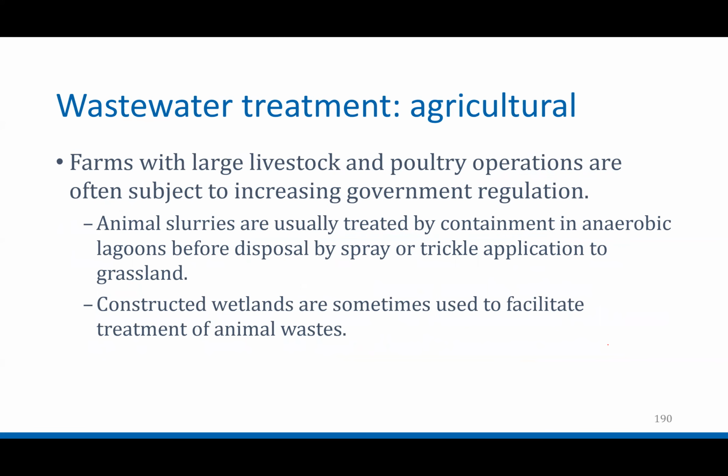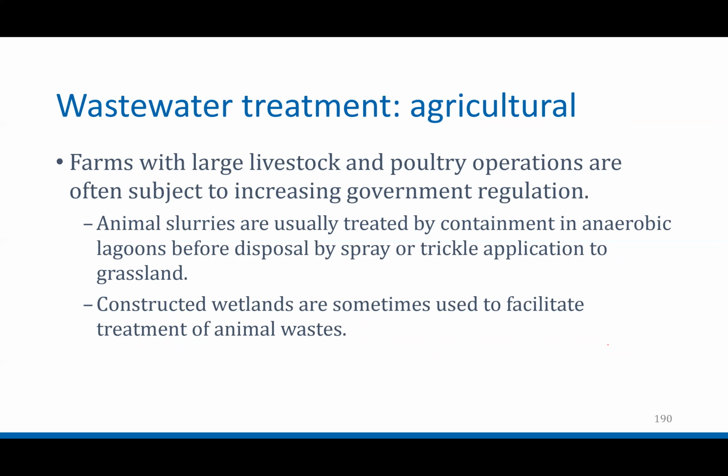Farms have a huge different type of wastewater treatment, because any farm with large amounts of livestock and poultry, so cows and chickens and things, is definitely government regulated in developed countries. A lot of their waste has to be treated. Animal slurries are usually held in anaerobic, so low-oxygen, lagoons before you dispose of them. Constructed wetlands are sometimes used to facilitate the treatment of animal wastes.